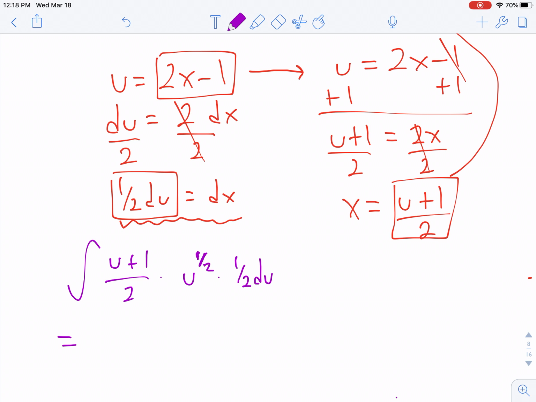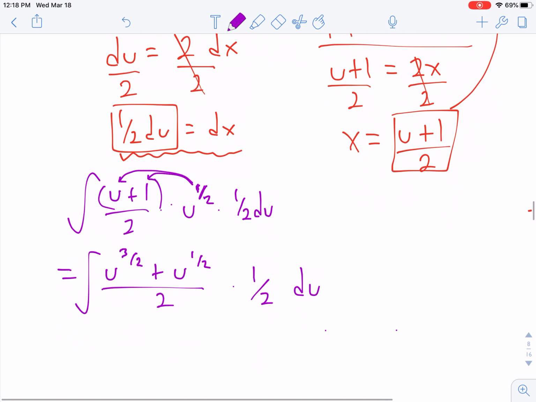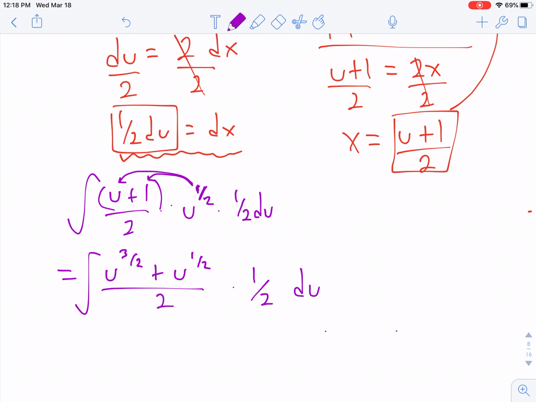All right. This thing we're going to distribute there and there. So it becomes u times u to the 1/2 is u to the 3/2 plus u to the 1/2 over 2 times 1/2 du. Okay, so over 2 times 1/2, that really just becomes over 4.